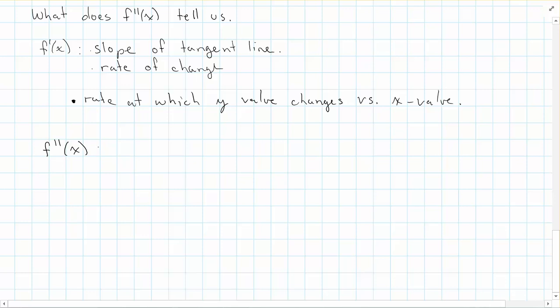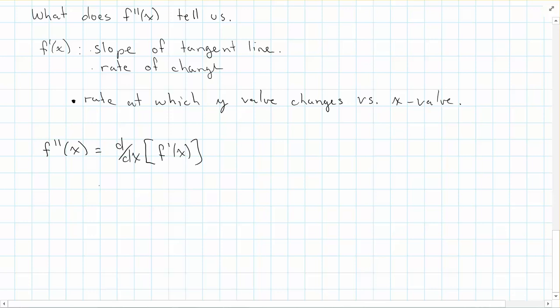here, this is equal to, well, we know this is just, I'm going to write it a little bit weird here, this is just the derivative of the first derivative. So this is still, since a derivative is a rate of change of the y value versus the x value. But the y value in this case here is my first derivative.